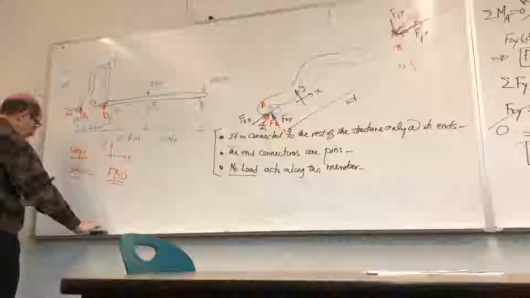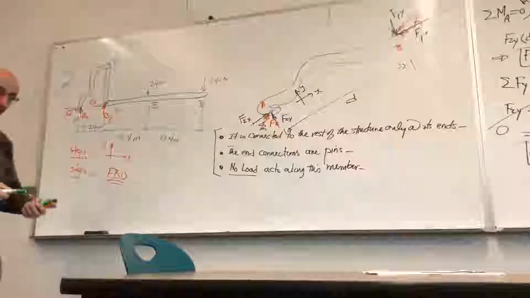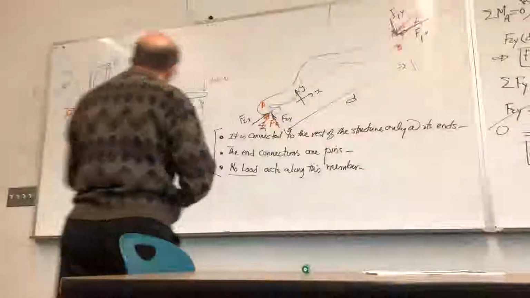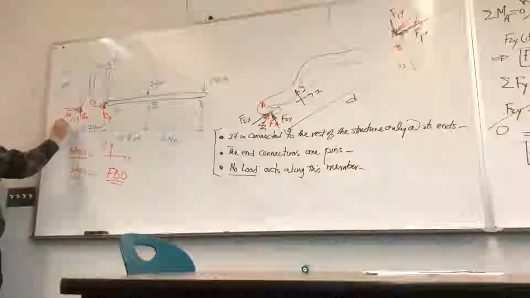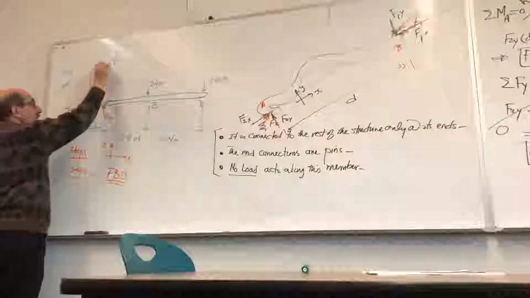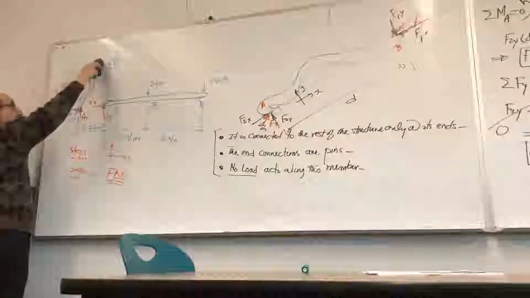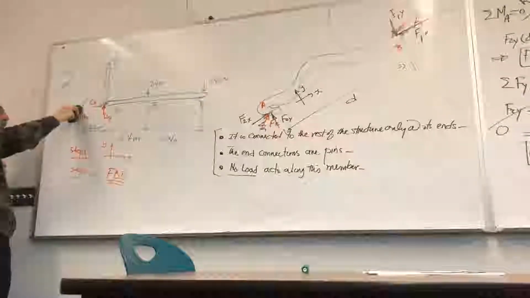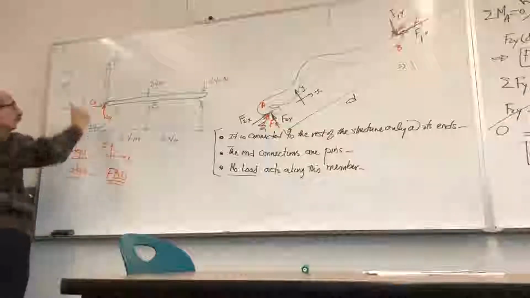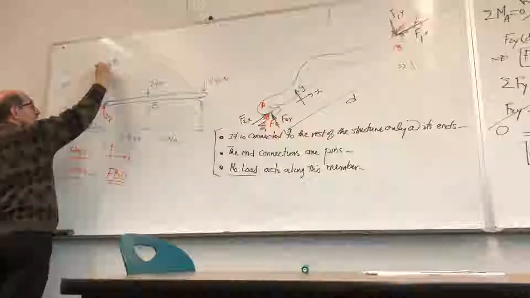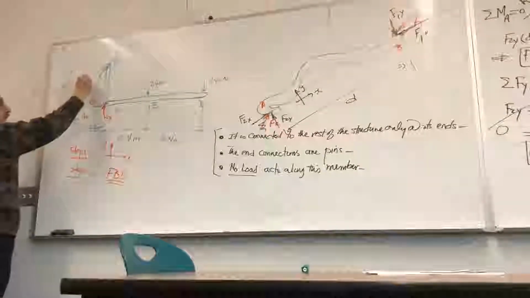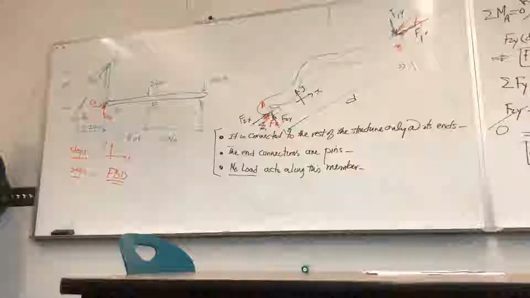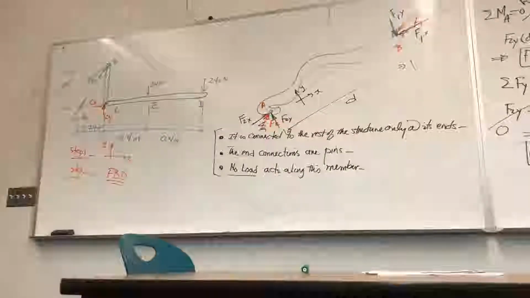That means all this represents is a force, okay? If you remove this, a force is acting like this and like this here, and they're both equal, FB, so that the structure is only subjected to three unknowns.